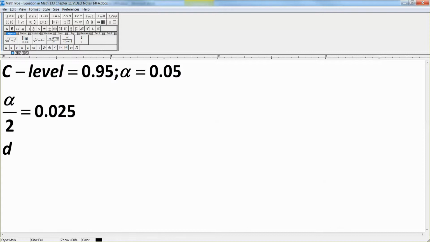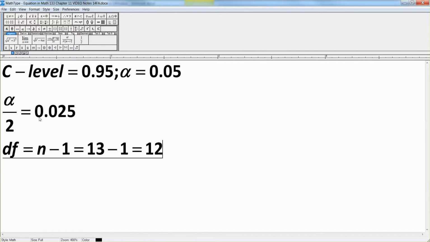And then don't forget that degrees of freedom is n minus 1, which would be 13 minus 1, which would be 12. So we need these two pieces of information right here, because those two pieces of information will give me my t-score.